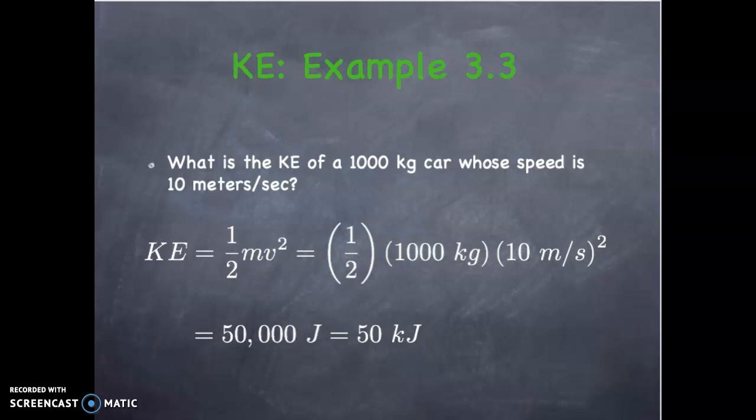An example. What is the kinetic energy of a 1,000 kilogram car whose speed is 10 meters per second? Plug in the numbers, go through the mathematics, use your calculator, and you get that the kinetic energy is 50,000 joules or 50 kilojoules using the prefix.